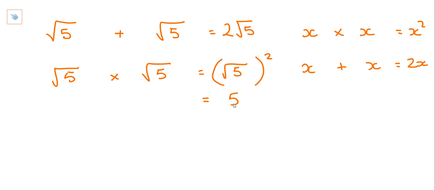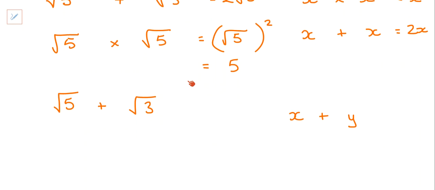What would happen if it was root 5 plus root 3? Because these are completely different numbers, that would be the equivalent of doing x plus y. What do you do? Nothing, we can't do anything. If I were to do root 5 times root 3, that would be like doing x times y.